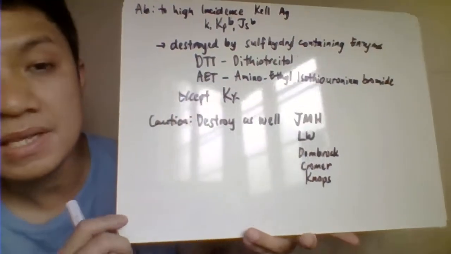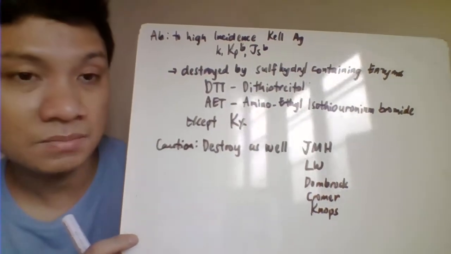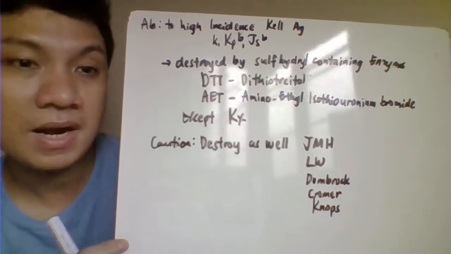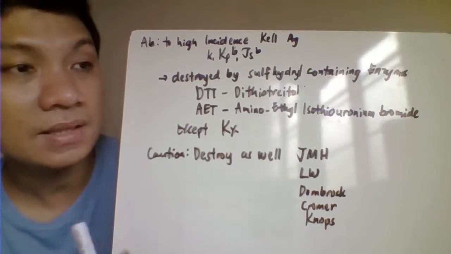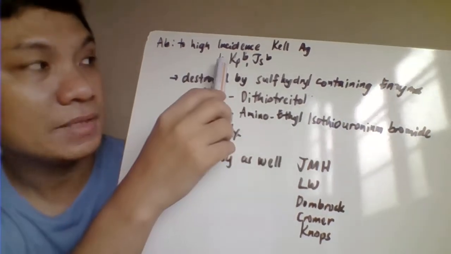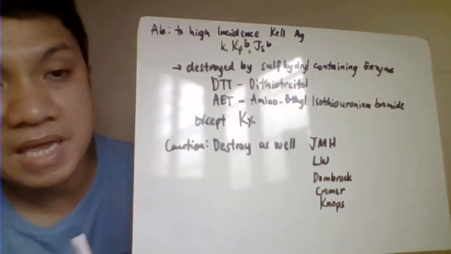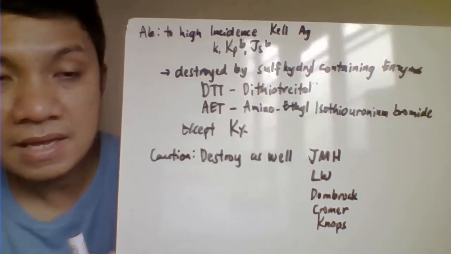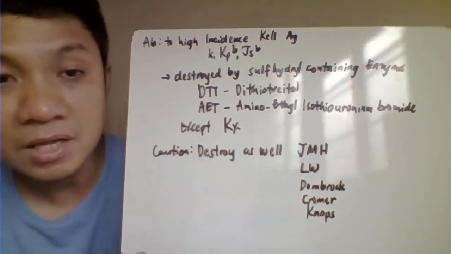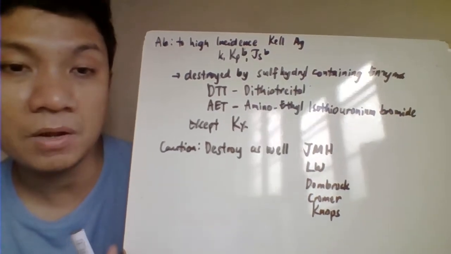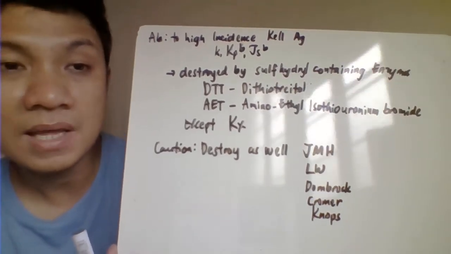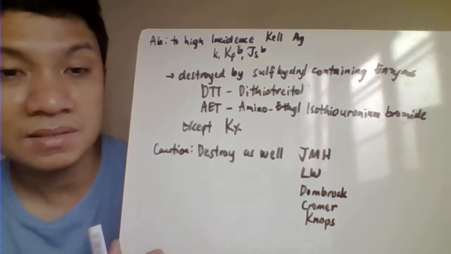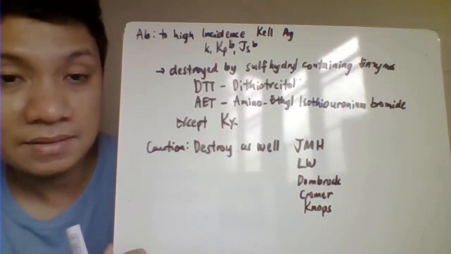Okay, the antigens for the Kell blood group system include your high prevalence antigens plus your small k, KPb, JSb, and other high prevalence antigens. This blood group is very unique among our blood group systems because it is not destroyed nor enhanced by the routine blood banking enzymes.